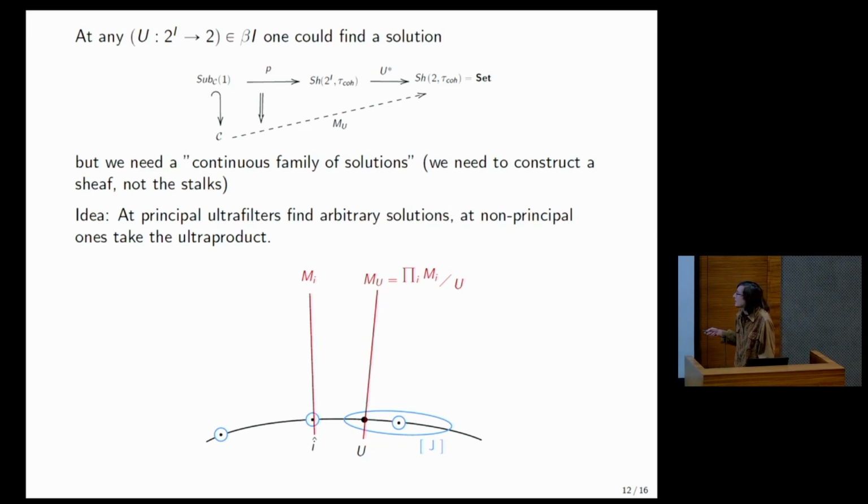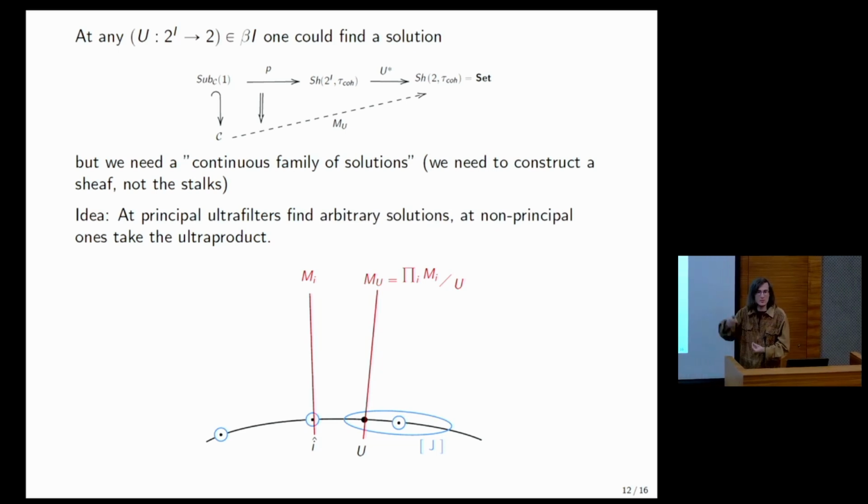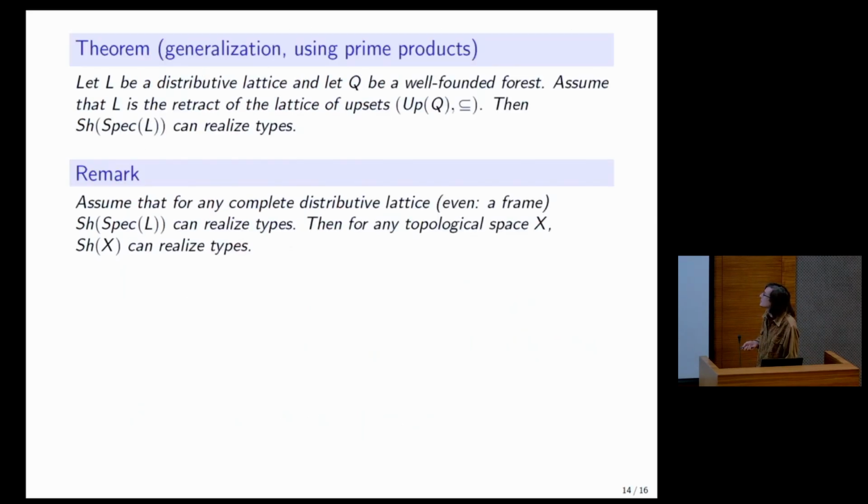So now at some principal ultrafilter you find your favorite model which satisfies all the prescribed formulas there. You can do that because that's classical. And now your parametrized family will do this: at some point which is not a principal ultrafilter, your given model will be just the ultraproduct corresponding to that point of your family. Okay, so you have to do some work to make this precise, but it can be made precise.